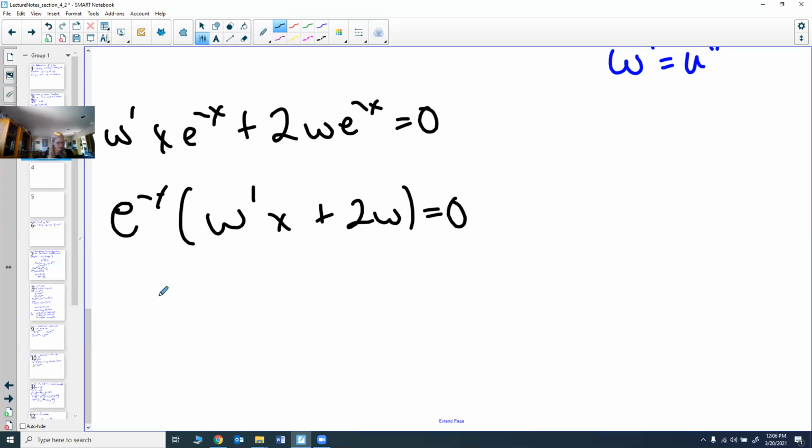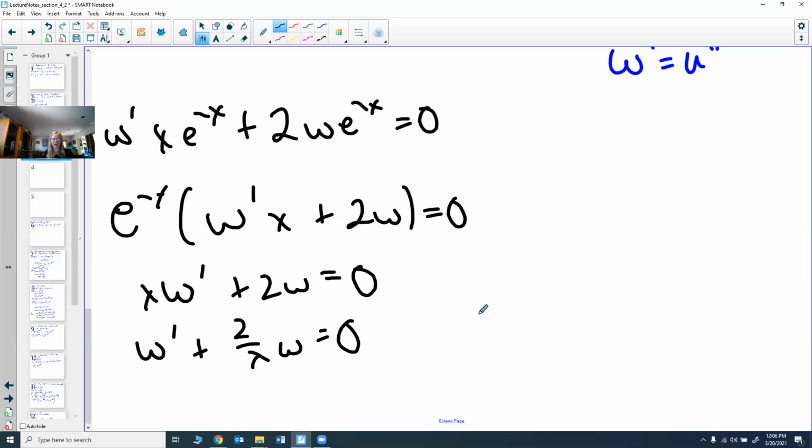So we have w prime times x plus 2w equals 0. You can either solve this using the integrating factor method, or you can solve this using separation of variables. It's separable. I don't care which way you do it. I'm going to go ahead and do it with the integrating factor method. So I'm going to divide through by x.